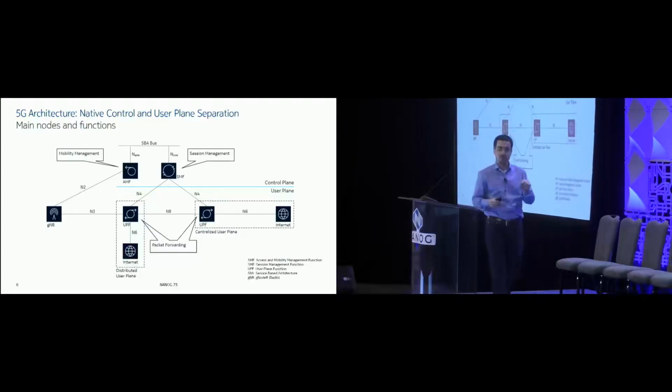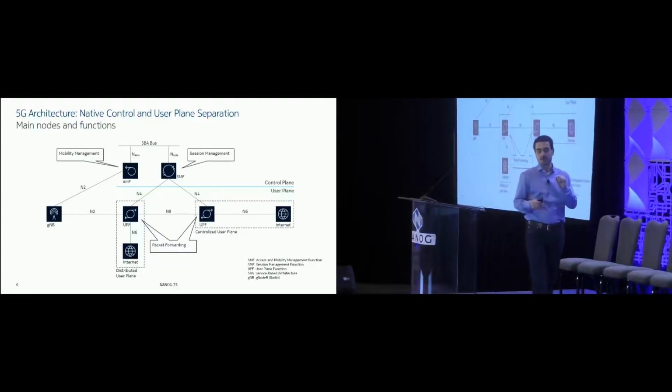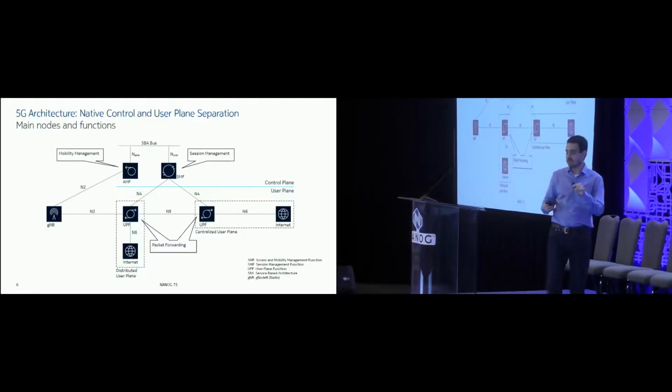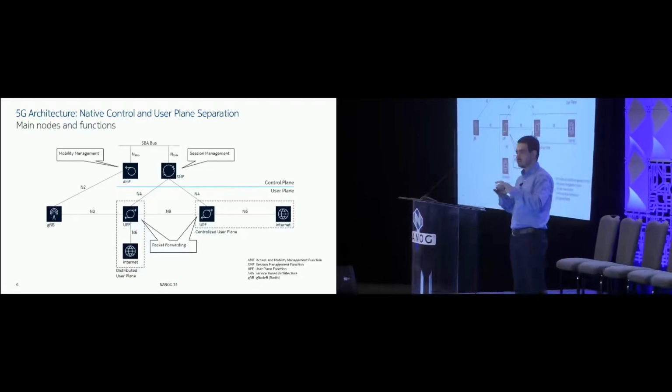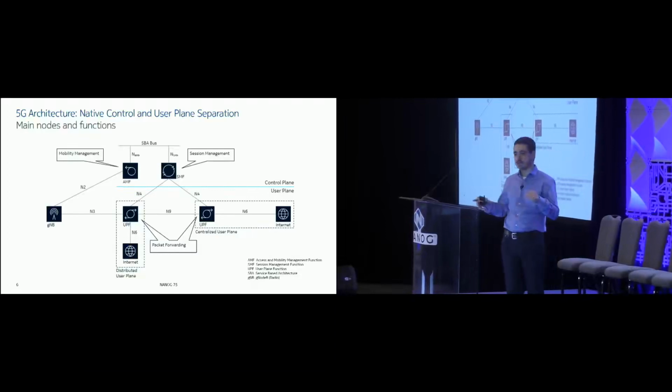But the other characteristic that I think is worth mentioning is that since we completely separated the user plane functions and the session management functions, that created an SDN type of scenario where the SMF acts just like an SDN controller to program the user plane functions that are actually forwarding packets.